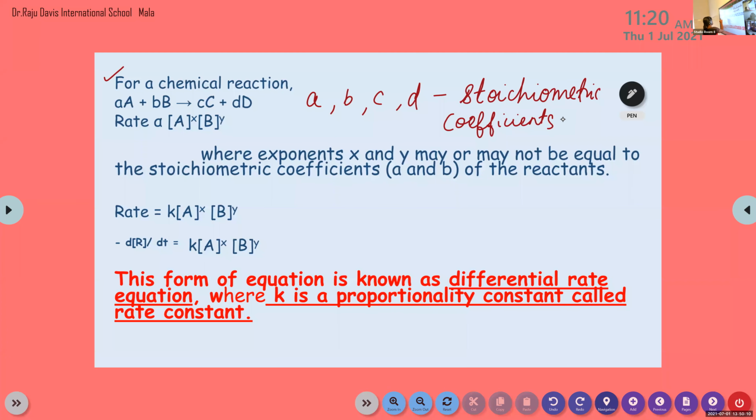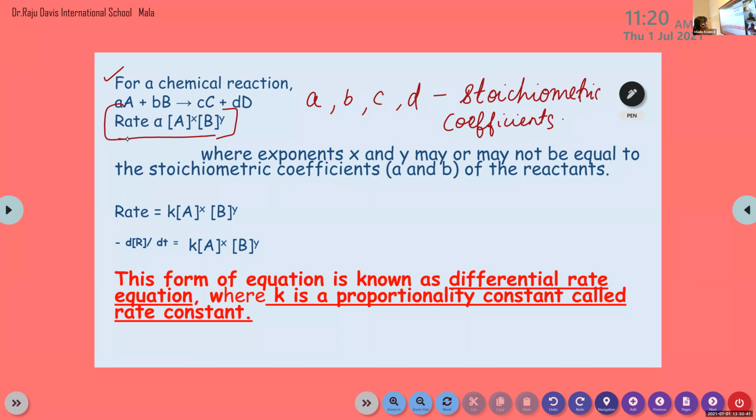Then the rate is proportional to the concentration of reactants, as I told you. So here, rate is proportional to the concentration of A raised to x, and the concentration of B raised to y. This is the rate expression, rate law or rate equation.